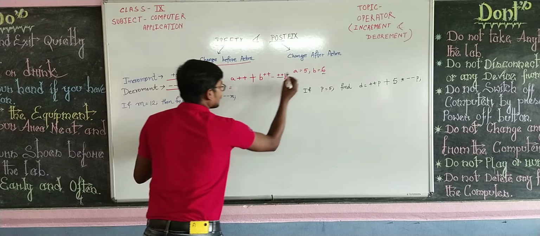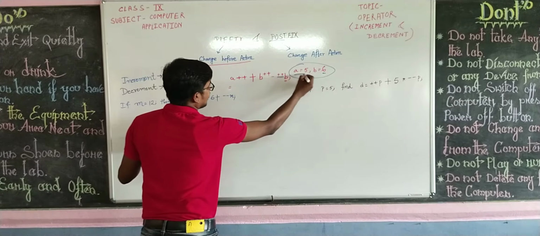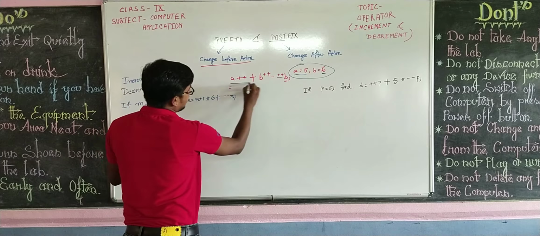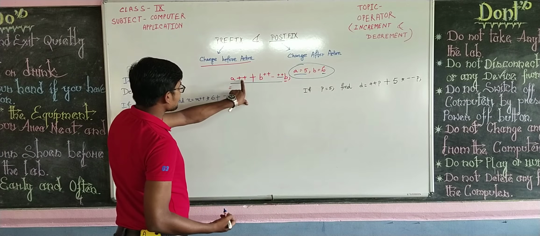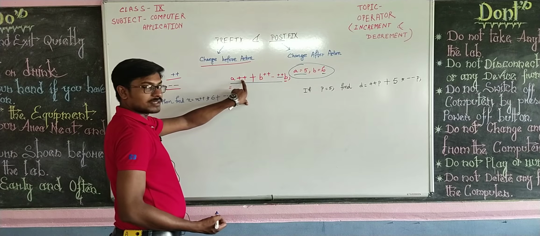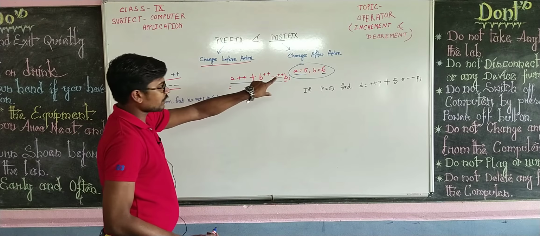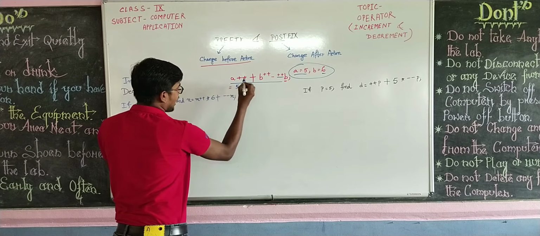In this example I will show you how to do it. Initially A equals to 5. So in this expression we have A plus plus. This plus plus means postfix operator. So initially A's value is 5, so we will put here 5.